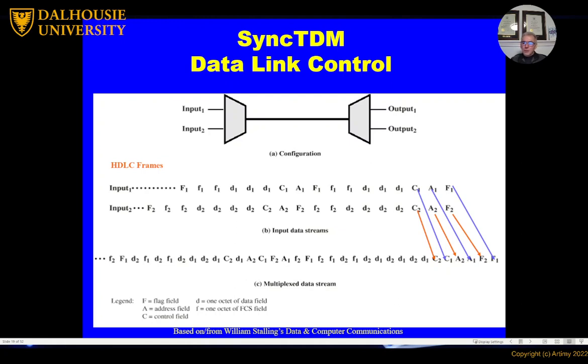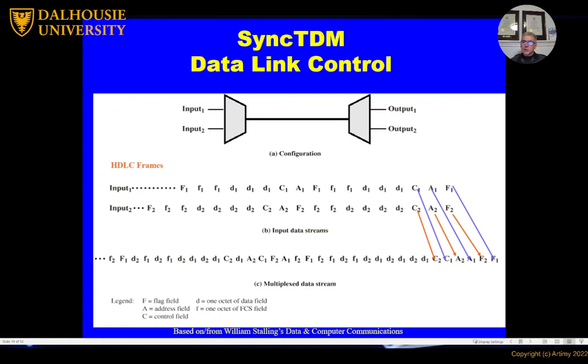So what the multiplexer does is just take the first byte, which is the flag, and send it, then take the byte from the other side, which is also a flag, and send it. So it will interleave, take a byte from here and then a byte from here and so on. This results in a multiplexed data stream where each byte is coming from a different input. That is just two inputs.